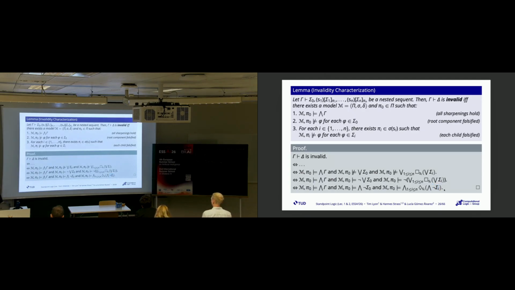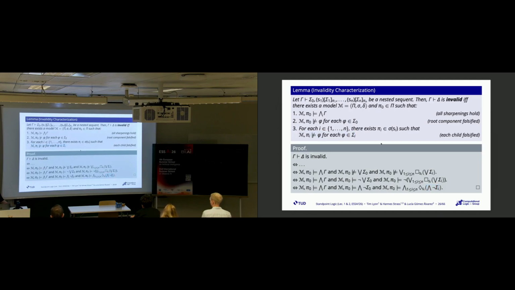Now, if we read what this last clause is saying, it's essentially saying the right-hand side of this if and only if statement. We know that there exists a model M and a precisification in that model, which makes everything in gamma true, which makes everything at the root component false, and where for each I, inside of the interpretation of standpoint SI, I can find a precisification that makes everything inside of sigma I false.